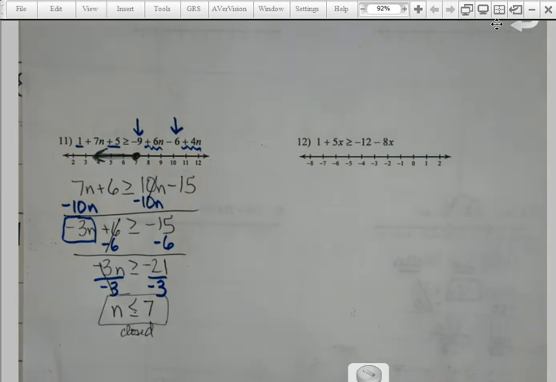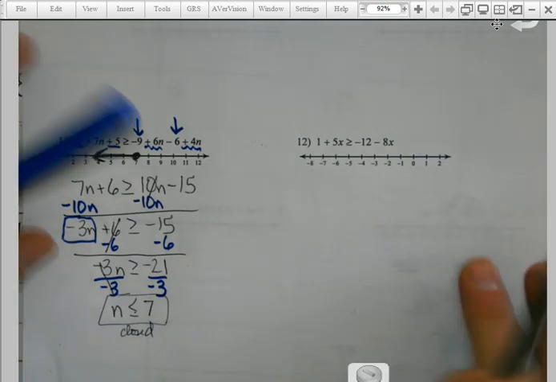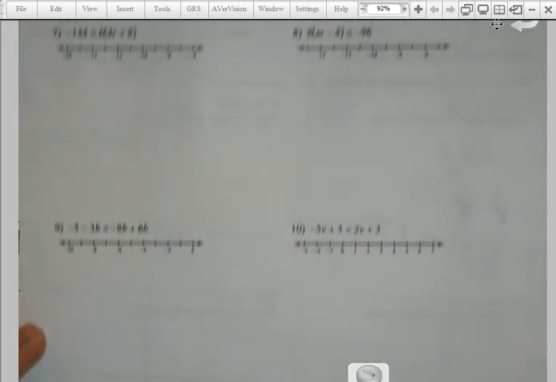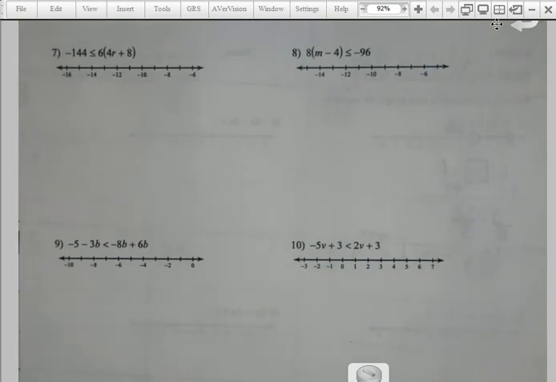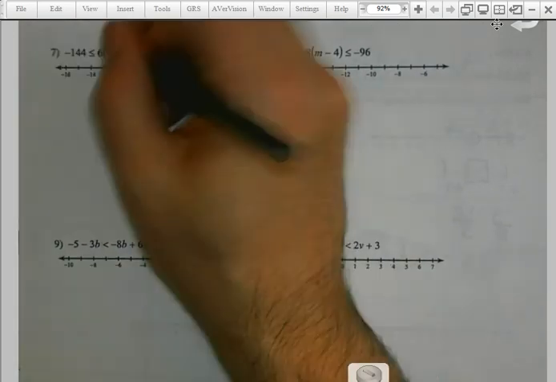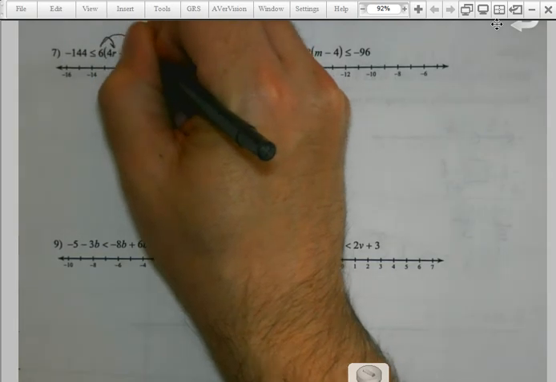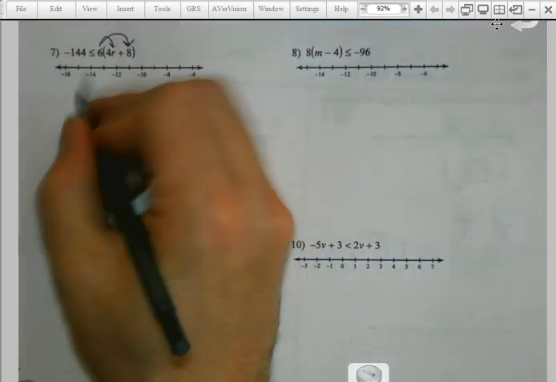Number 7. Okay, we can do number 7. You've got a whole 8 problems left after this. I think we can handle it. All right, so number 7, distributing first.